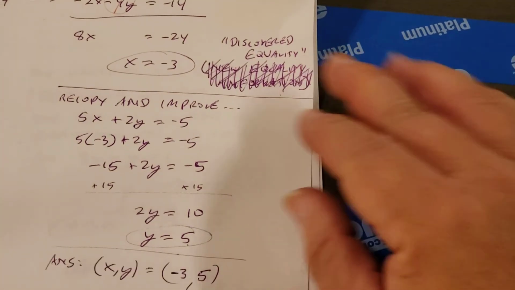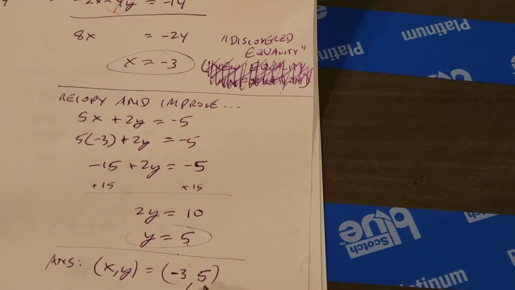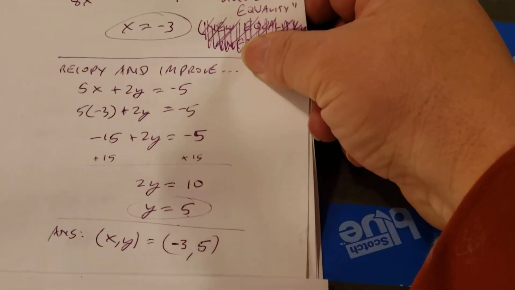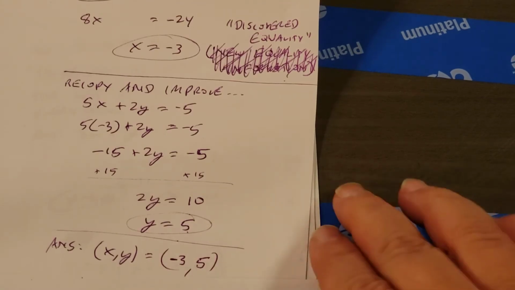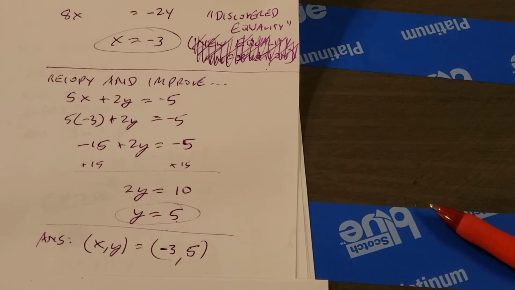So what's the answer? x goes before the comma, y goes after the comma. The answer is negative 3 comma 5, and you need the parentheses. So the ordered pair, negative 3 comma 5. It's not the same thing as interval notation. This is an ordered pair where you have the x value first and then the y value.